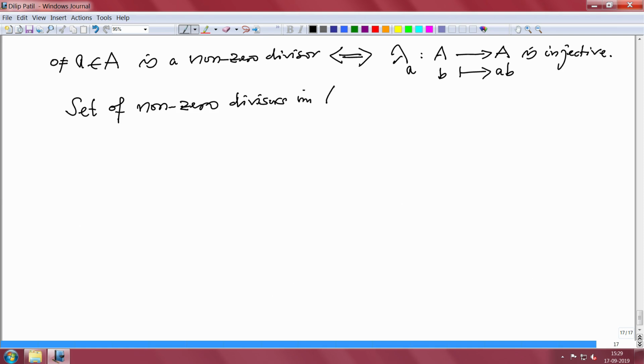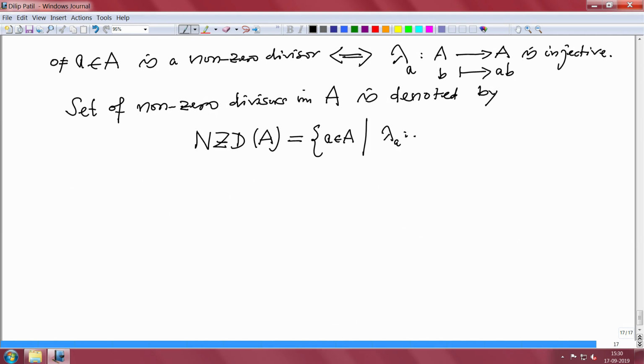In the ring A it is denoted by NZD of A. This is the set of all non-zero divisors in A. In the notation, this is the same thing as all those a in A such that lambda a from A to A is injective. Once you say it is injective, a cannot be 0.